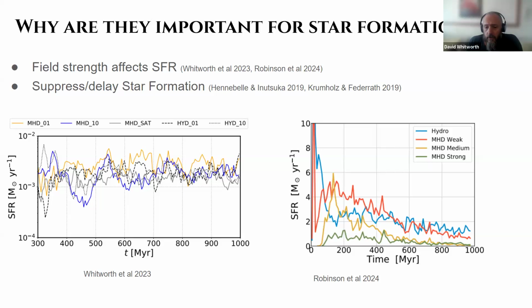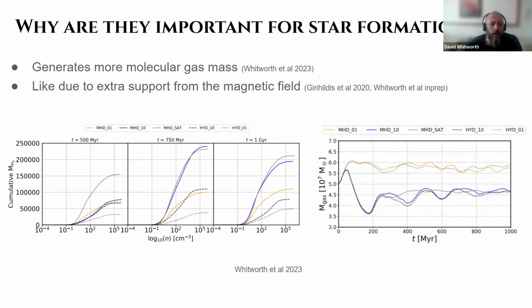But other work has shown that depending upon the field strength, it can affect the star formation rate, which is the plot on the right from Hector Robinson's work earlier this year. And there's also this idea in cloud scale work from Patrick Hennebelle and Mark Krumholz that it suppresses or delays star formation. So there's still a lot of conversation going on as to how this all happens.